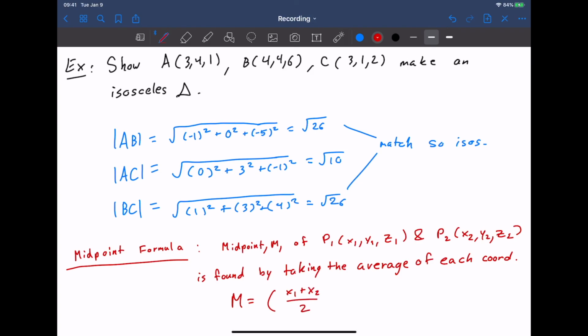It's adding, it's not the difference, it's not like the distance formula, comma, Y1 plus Y2 divided by 2, Z1 plus Z2 divided by 2. So you literally just add the coordinates up and divide. You should be able to imagine how this formula would go. So notice the output is a coordinate. It's giving you an X and a Y and a Z. Whereas for the distance, the output is a number.